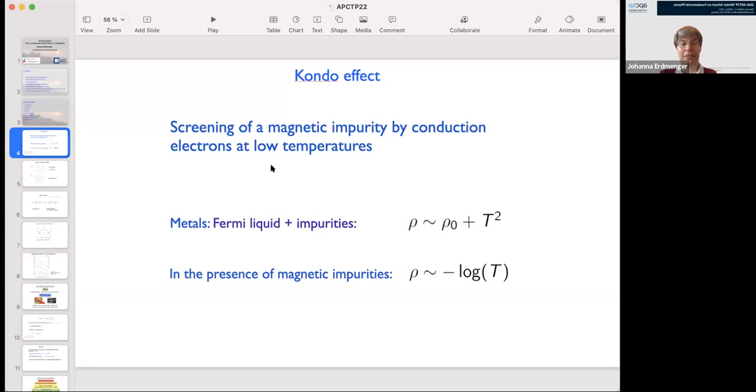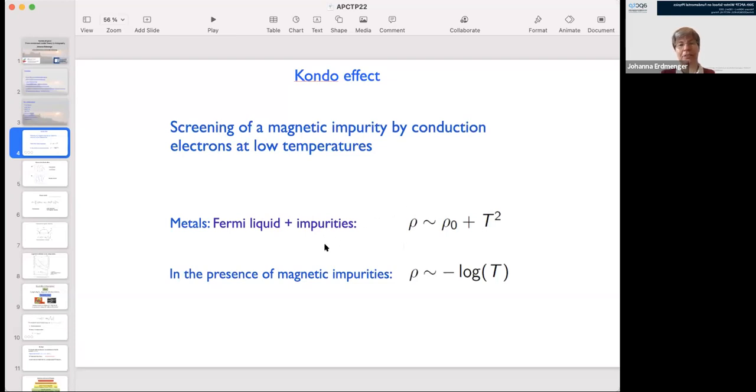Okay, so the experimental observation is that if you have a standard metal like iron, it's described by a Fermi liquid, so it's described by weakly coupled physics. Then the resistance goes like the temperature squared at low temperatures.